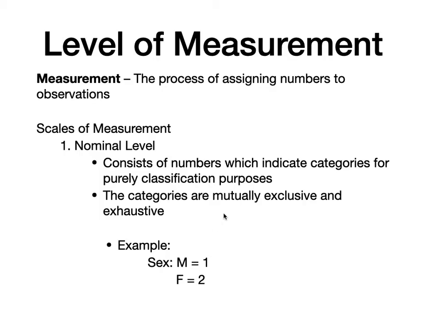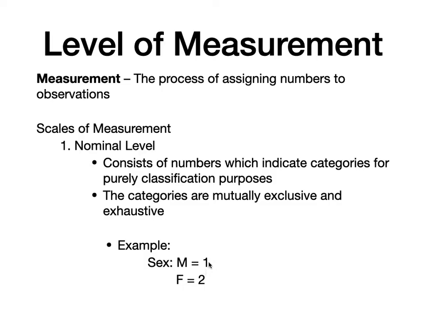That is what we mean by mutually exclusive and exhaustive. So if I have 50 participants, then the total number of those belonging in the male category and the total number of those belonging in the female category must also sum up to 50.